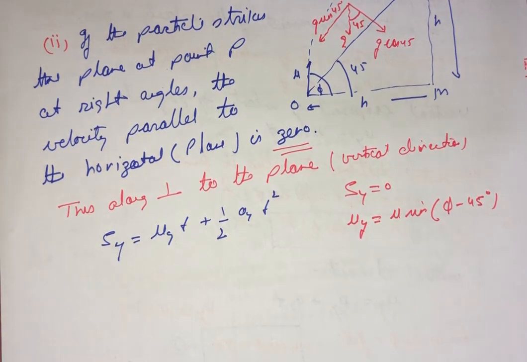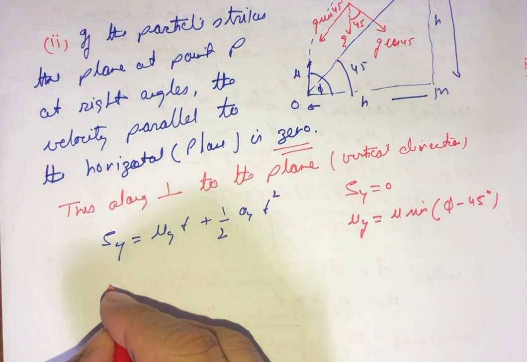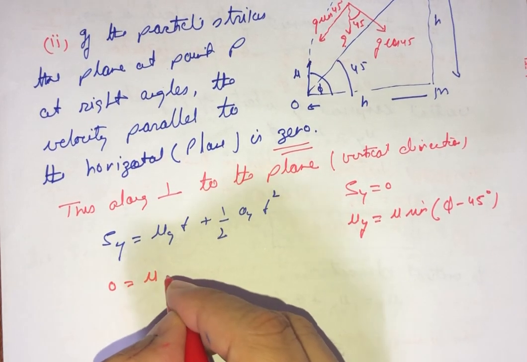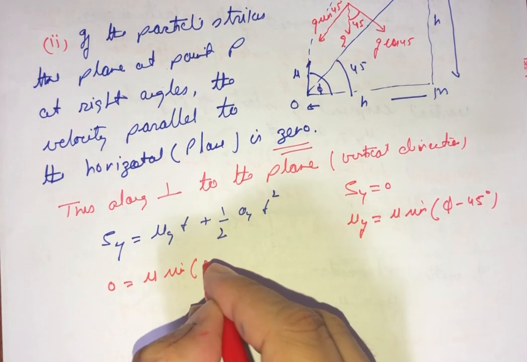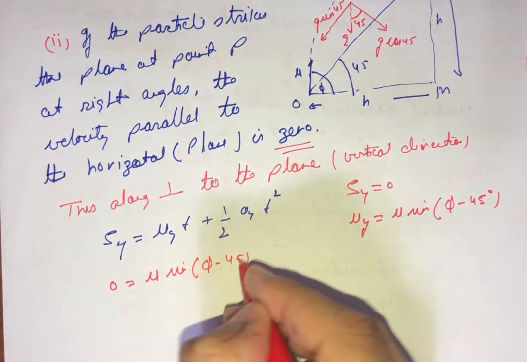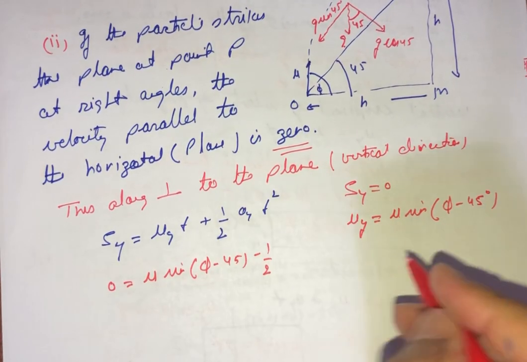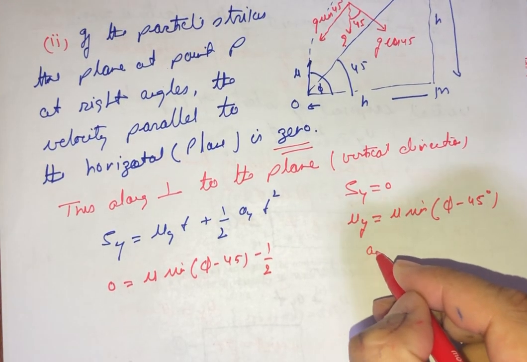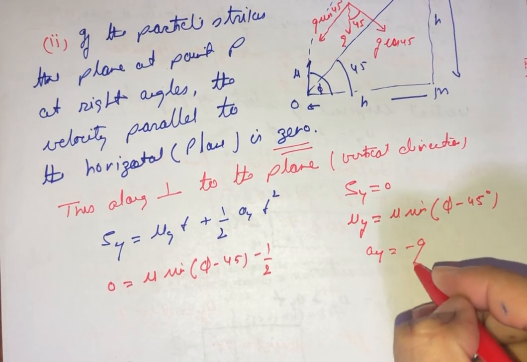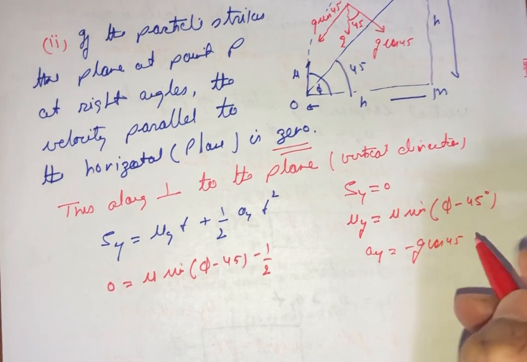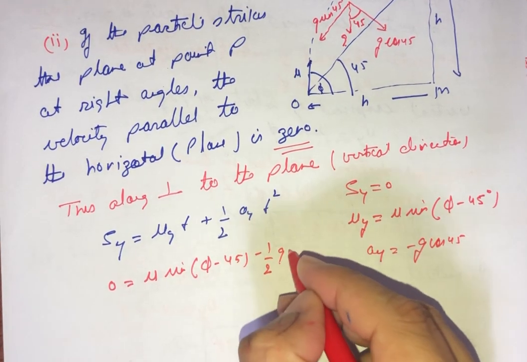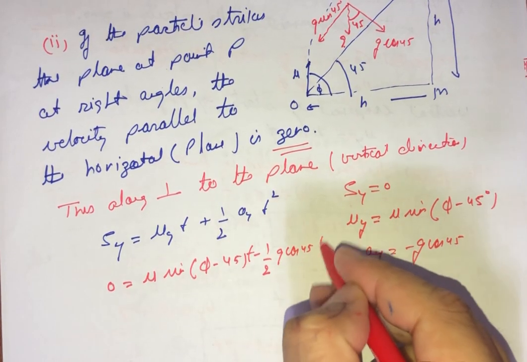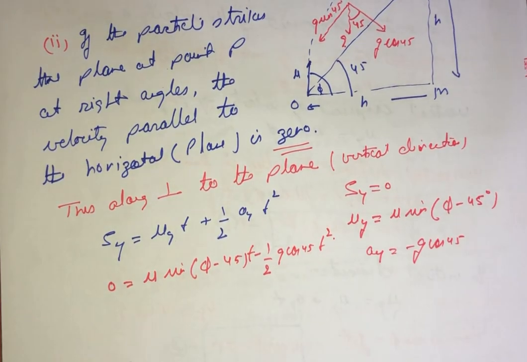So if you put both these values in this equation, we get 0 is equal to u sine of phi minus 45 t minus half. Okay, I forgot to mention our g, that is ay will be equal to minus g cos of 45. So we can write it as g cos of 45 multiplied by t square.